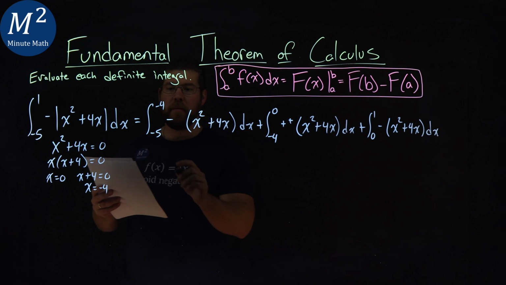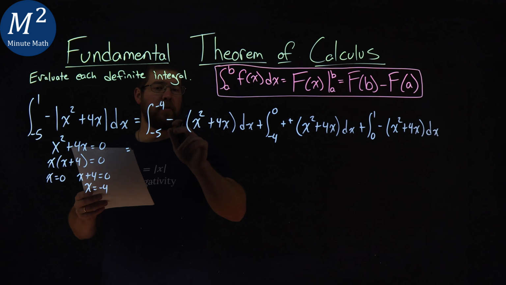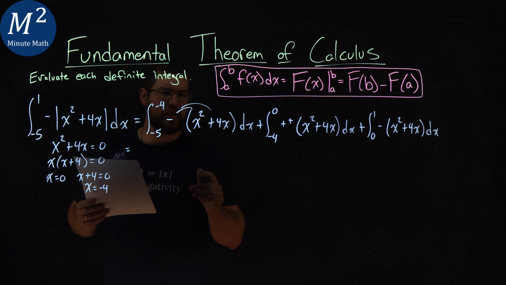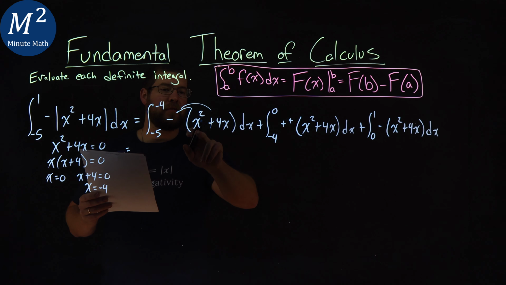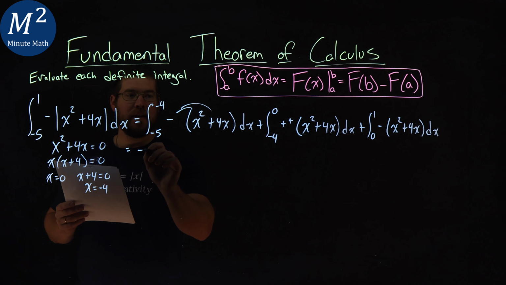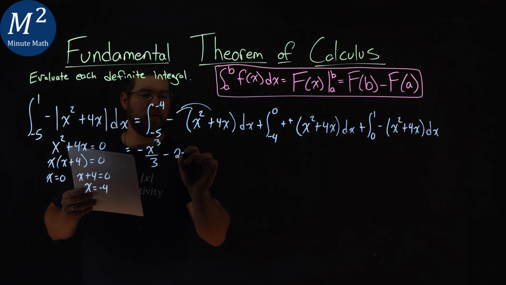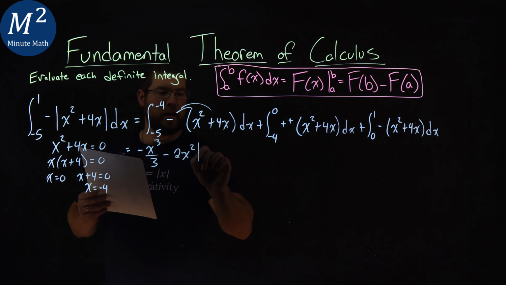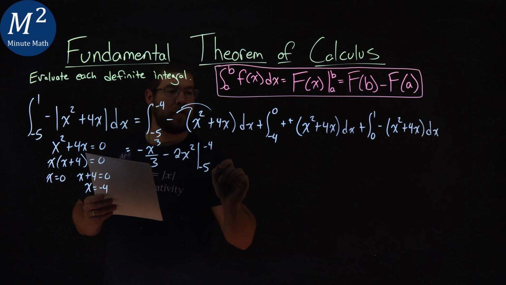Okay. Well, to do that, we have the integral, this negative sign, remember, gets distributed. The integral of x squared plus 4x with a negative, so negative x squared minus 4x is a negative x to the third power over 3 minus a 2x squared. And we're integrating this from a negative 5 to negative 4.